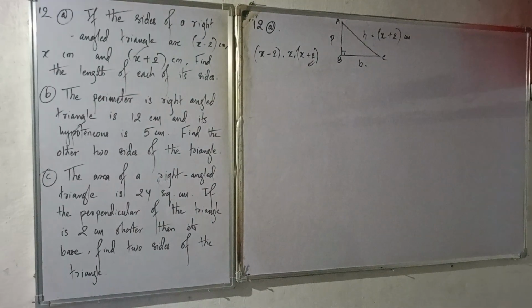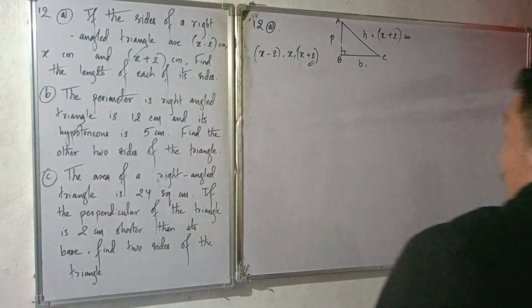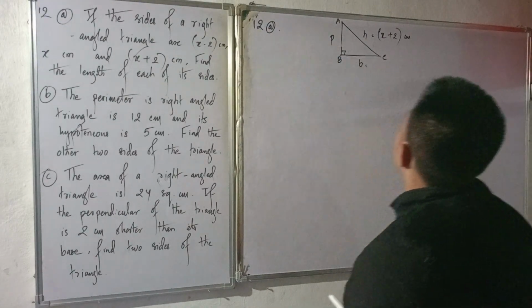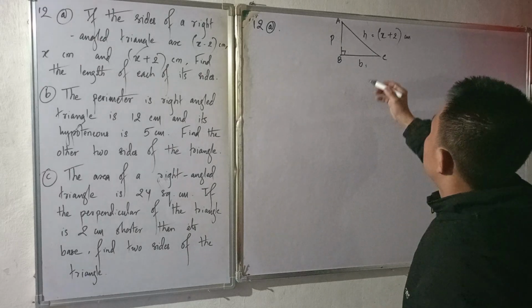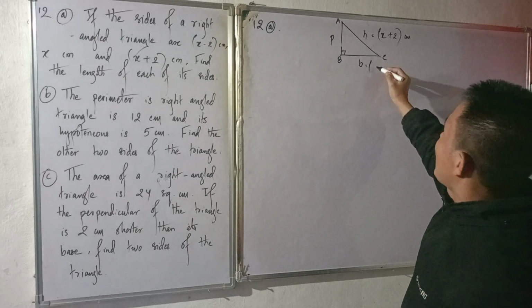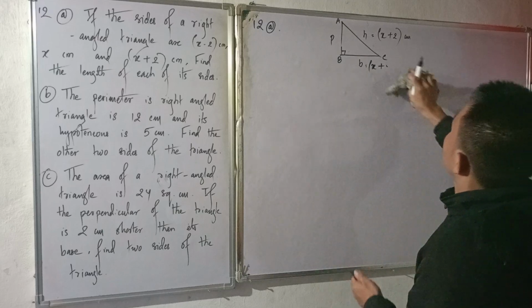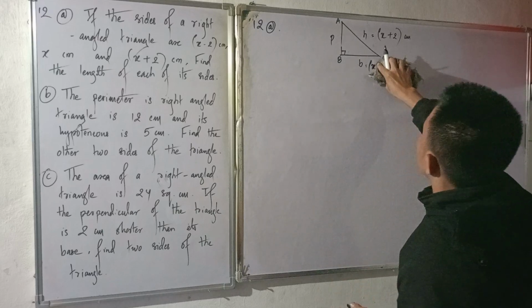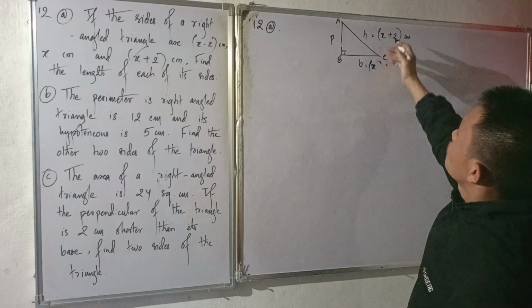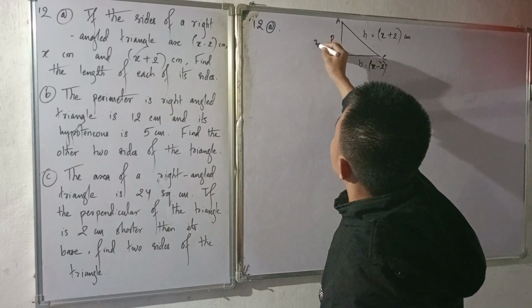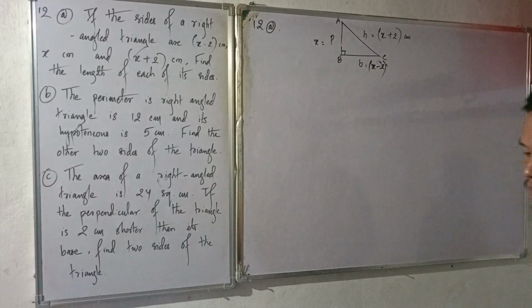So the three sides given are x minus 2, x, and x plus 2. So let's consider the remaining sides: x plus 2 is the hypotenuse, then x minus 2 be the base, and x be the perpendicular.